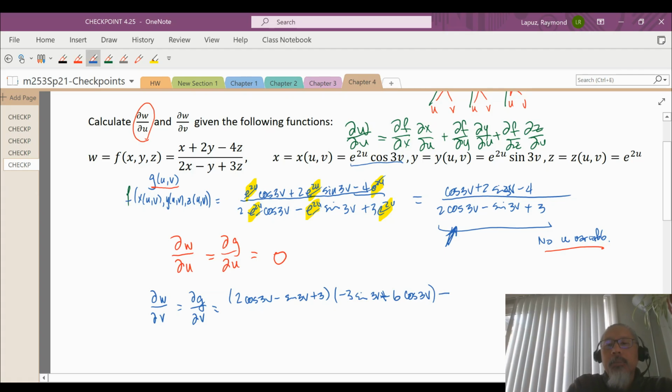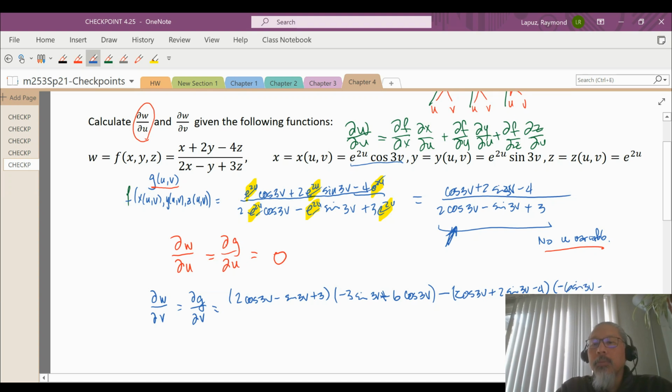So that's low d high minus high. That's the numerator: cosine 3v plus 2 sine 3v minus 4 times the derivative of the denominator with respect to v. And again, the derivative of cosine is negative sine. There's a 2, and then an extra 3 that comes out that makes a 6.